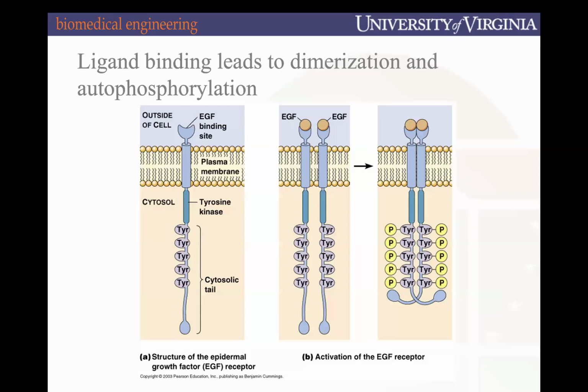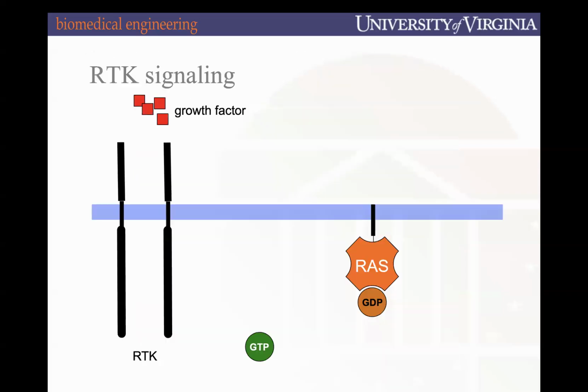When those phosphorylations occur, phosphate groups carry a negative charge. When something carries a negative charge, it's going to change the conformation. Now that we have these phosphorylation events on these tyrosine residues, that's going to enable signaling events that lead to RAS activation.